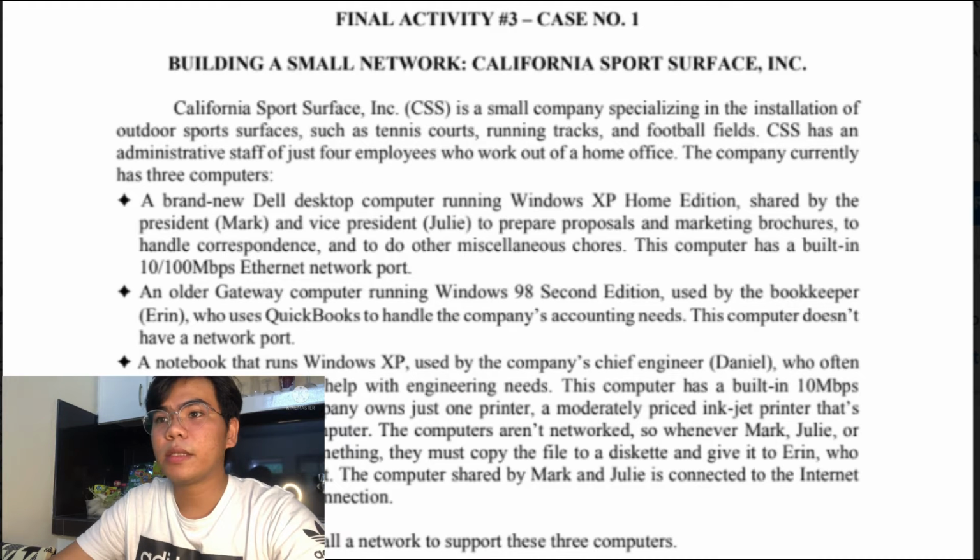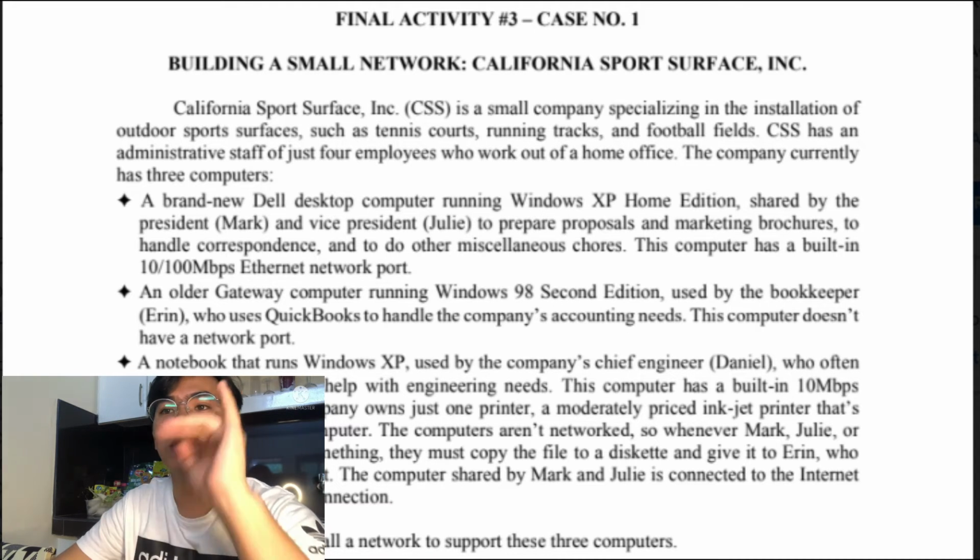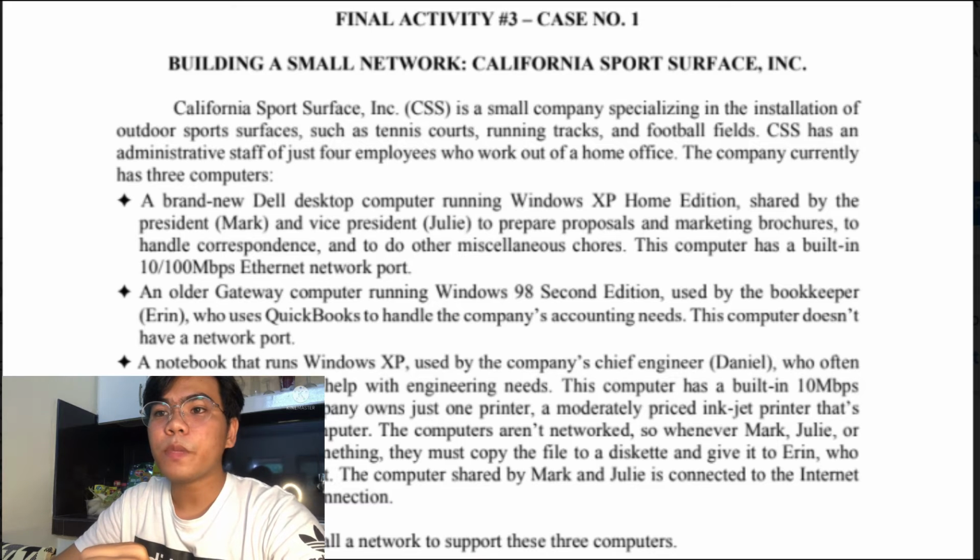California Sports Surface Inc., or CSS, is a small company specializing in the installation of outdoor sports surfaces such as tennis courts, running tracks, and football fields. CSS has an administrative staff of just 4 employees who work out of a home office. The company currently has 3 computers.